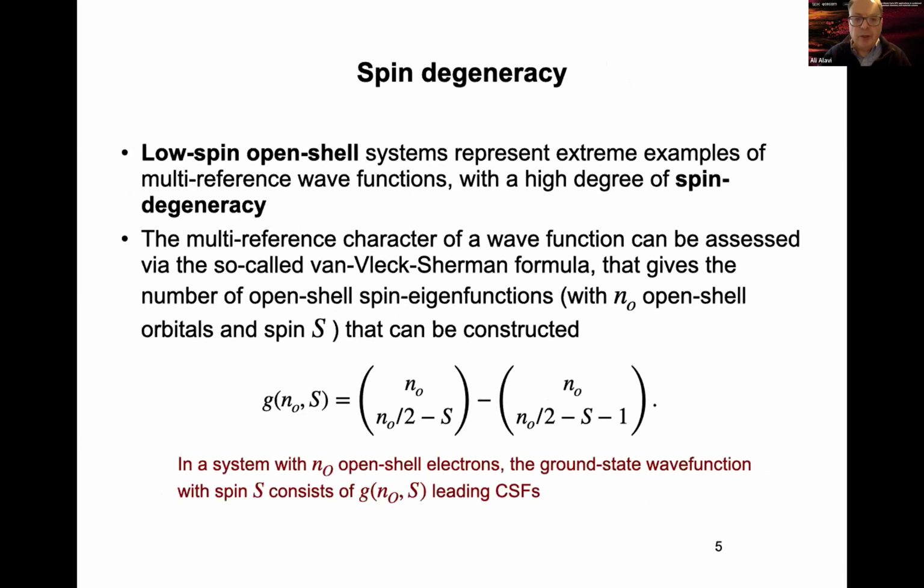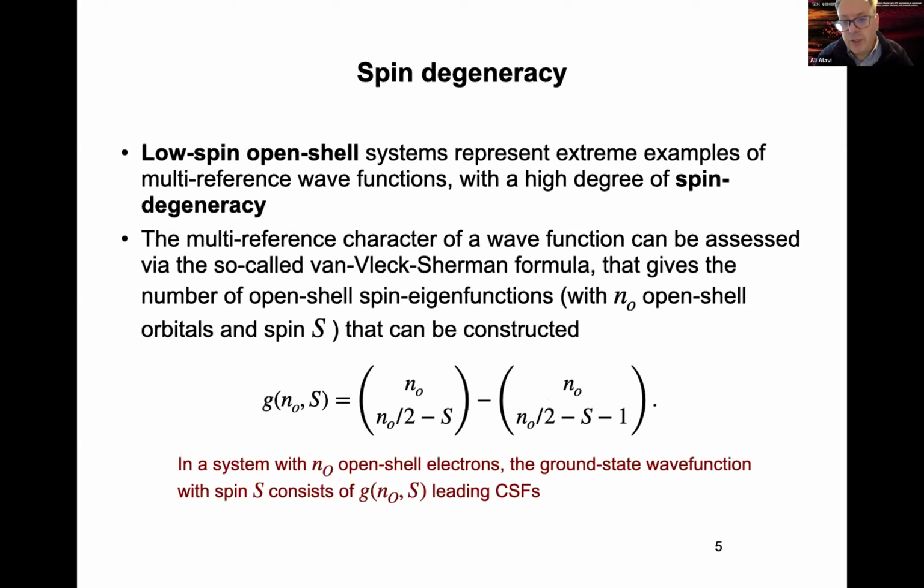Now, I mentioned that these systems are extreme examples of multi-reference systems, and we need a way of measuring multi-reference behavior. That can be measured through the concept of spin degeneracy.